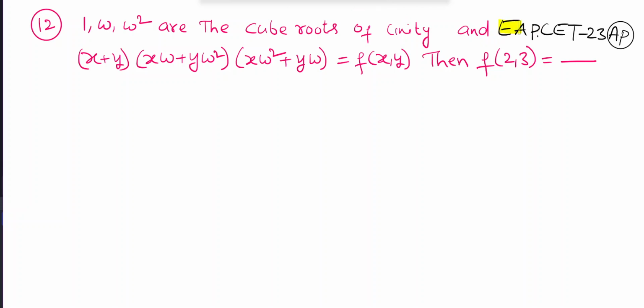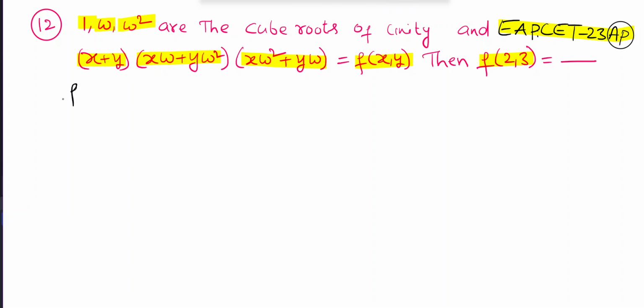This is an EAPCET 23 problem from De Moivre's theorem. 1, omega, omega square are the cube roots of unity, and this relation is given: (x plus y)(x omega plus y omega square)(x omega square plus y omega) is equal to f of x comma y. Then find the value of f of 2 comma 3. f of x comma y is given.